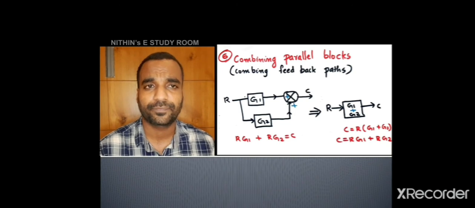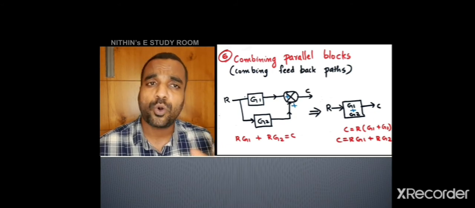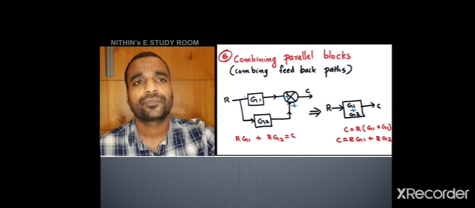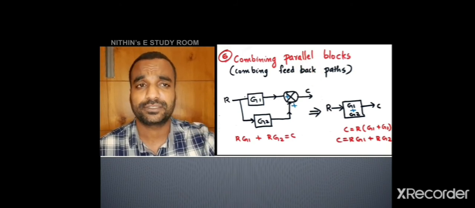A backward path is going in the opposite direction, but this is not from output to input. All the feed forward paths are from input to output. So you can just write combining parallel blocks or combining feed forward paths. Please rewrite feed forward paths.